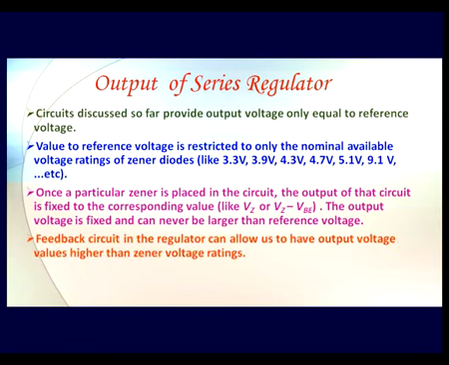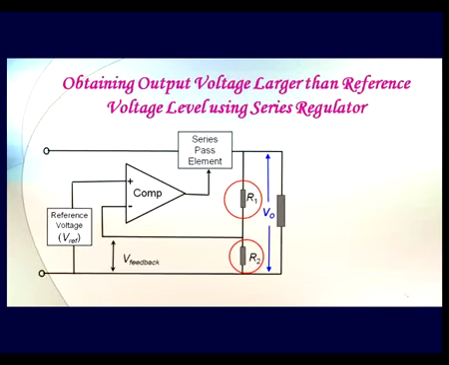But this feedback component can allow us to even have higher voltages than the Zener voltage rating as our output voltage, and this is what I have shown you here. In this particular case, we are using a sampling circuit in the form of a potential divider.